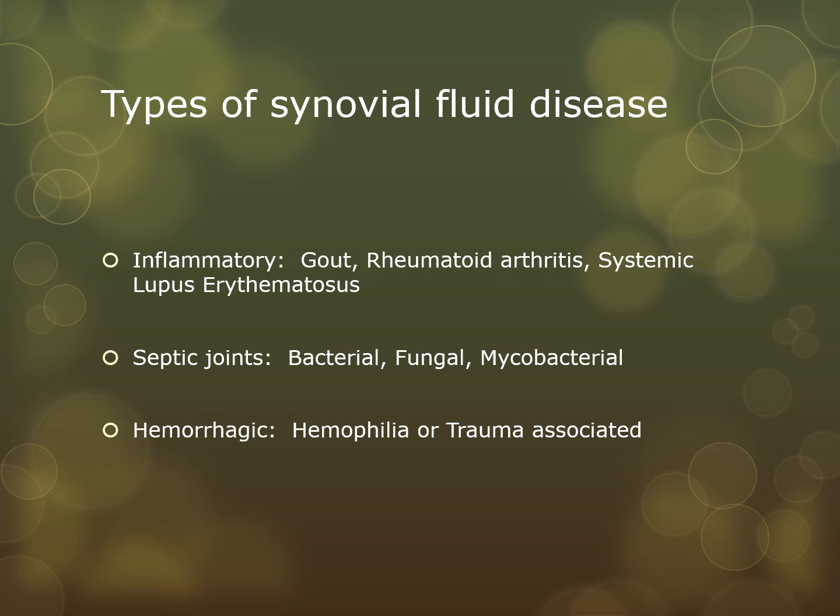Systemic lupus erythematosus is a chronic systemic autoimmune disease. We could have septic joints, which are joints that are filled with bacteria, fungus, or mycobacterium. And then finally, we could have a hemorrhagic synovial fluid situation where a patient has hemophilia or some sort of trauma. If you remember, hemophilia is a clotting factor disease where coagulation factors 8 or 9 are deficient.